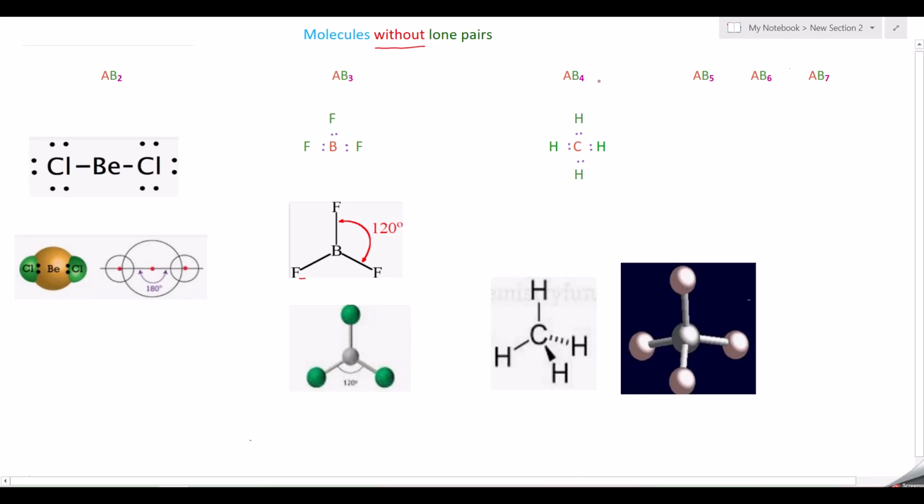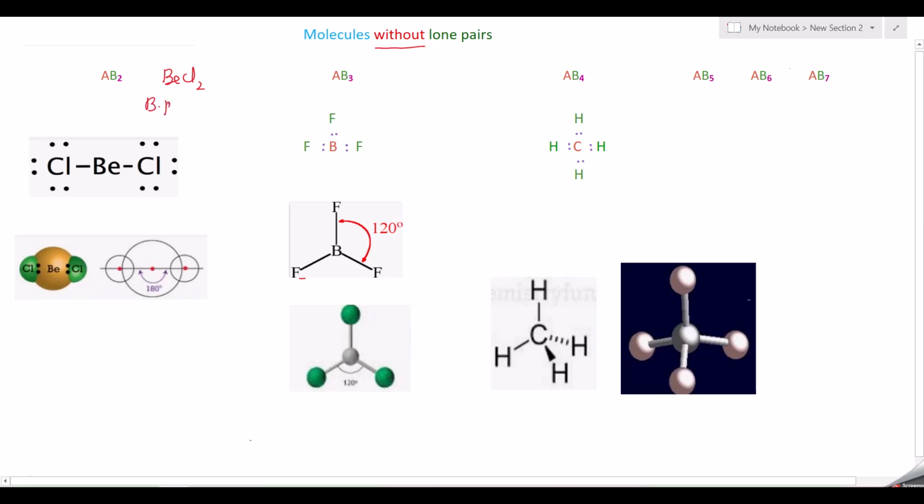AB2, AB3, AB4, AB5, AB6, AB7 are the types of molecules where there is no lone pair. Here A is the central atom, and B are the atoms which are covalently bonded to A. Take AB2 first. An example is beryllium dichloride, where beryllium is the central atom and two chlorine atoms are covalently bonded to beryllium.